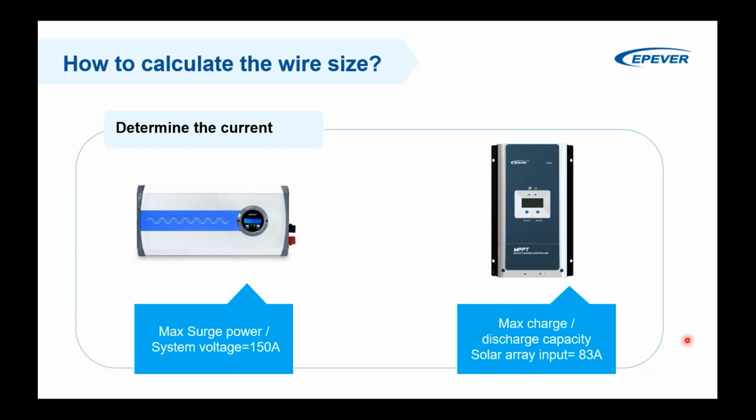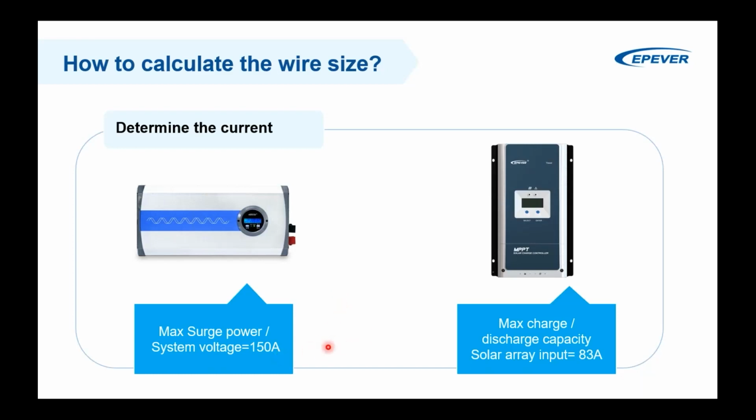And for the inverter, if you consider that you have 6 kilovolt amperes, then you divide it by your system voltage, which is 48. Then you will have about 125 amps, and then you apply a 20% safety factor.